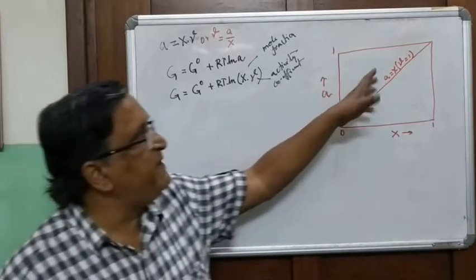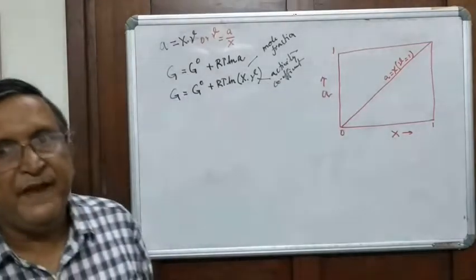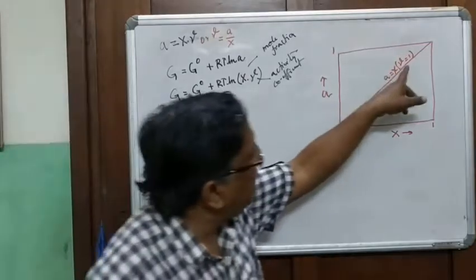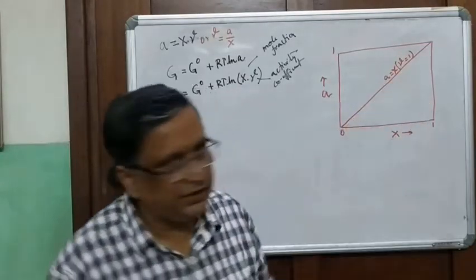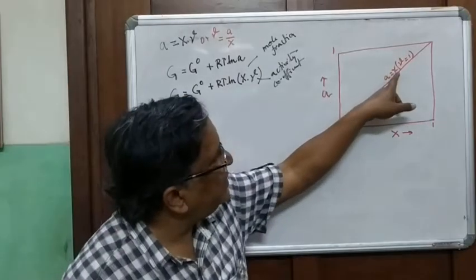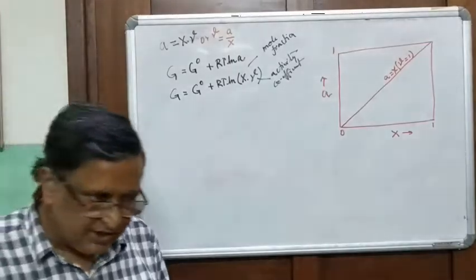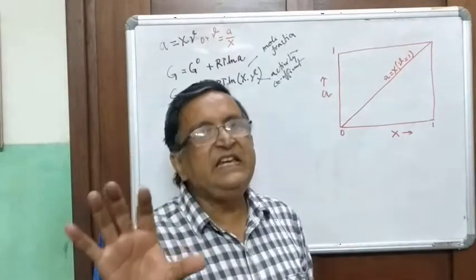Such type of mixing is called ideal mixing. Ideal mixing means the activity coefficient gamma is equal to 1, or activity is equal to mole fraction. Right? This is what is called an ideal solution.